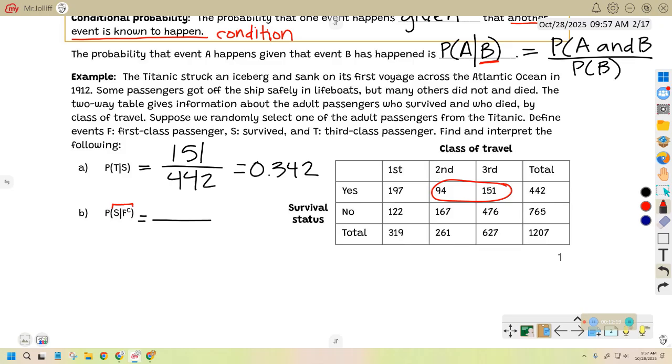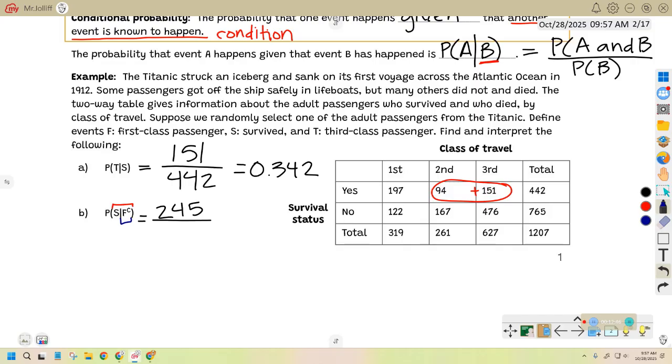And I see some nodding, so we want to add those 2 together. 245. Thank you, Jeanette. My brain's a little slow today. And then the bottom is the count for the condition, which is not first class.